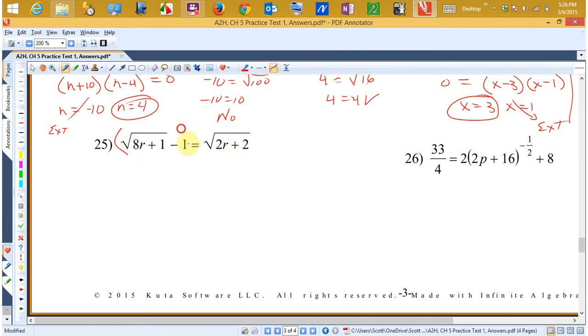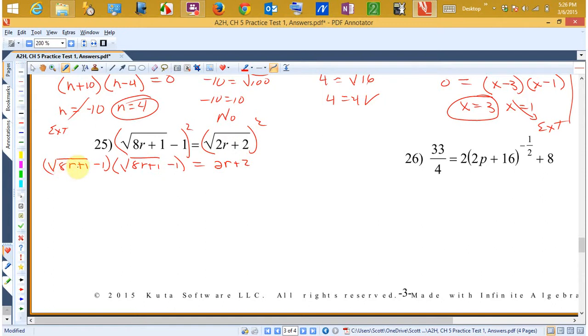So that's what I have to do. And that's going to create a mess, because this is really the square root of 8r plus 1 minus 1 times itself, because it's squared. And that would be equal to this side squared. The square root of anything squared is just 2r plus 2. So let's go ahead and do this.